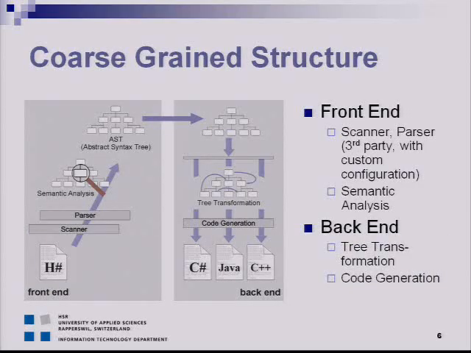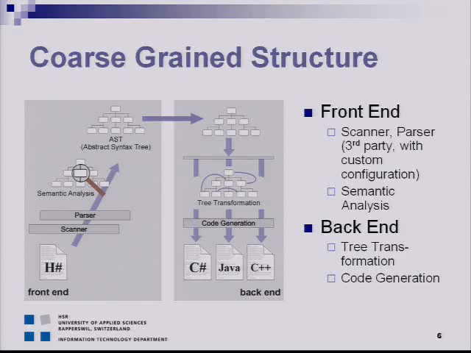The coarse-grained structure is cleaved into two big parts, the front end and the back end. The front end might be familiar to you since it's basically the structure of a compiler. In the back end, we're going to translate the parsed code into different target languages.